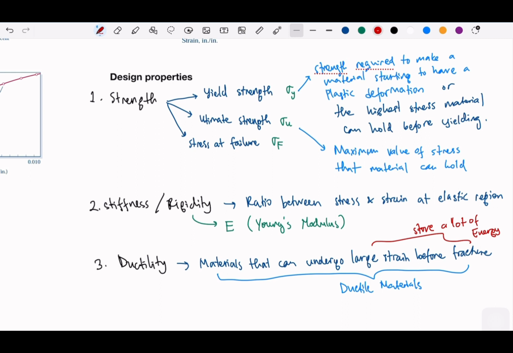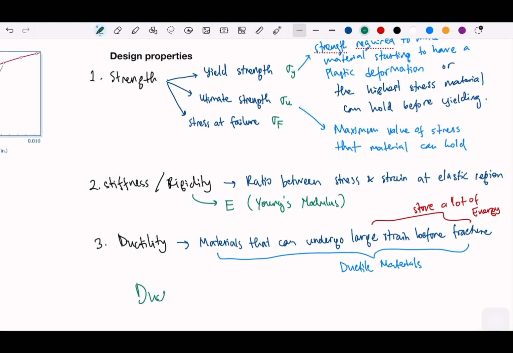When we have that, we call the material ductile. If the displacement or the strain is small, it means they can only store lower energy, which we call a brittle material. So the opposite of ductile is brittle.